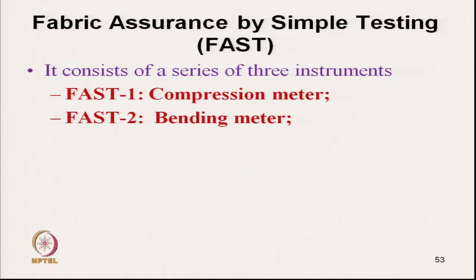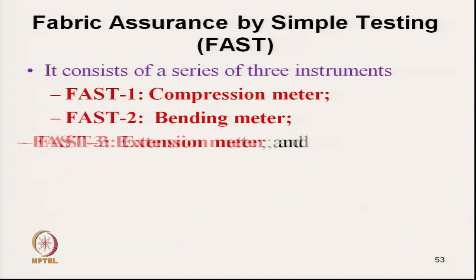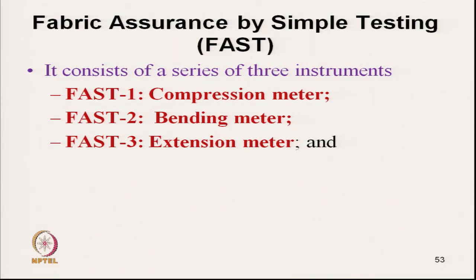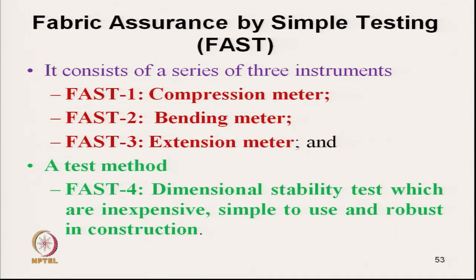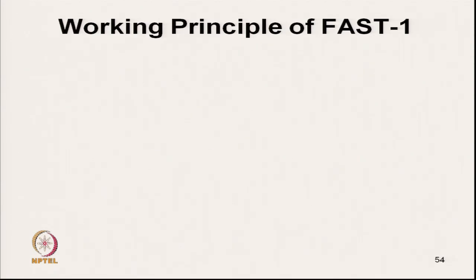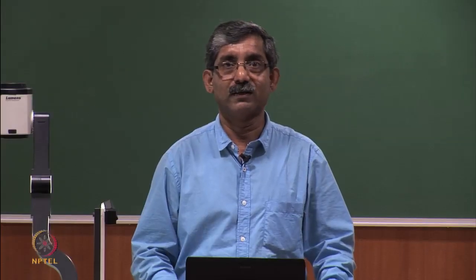FAST 1 is the compression meter, FAST 2 is the bending meter, which is similar to the Shirley stiffness tester, and FAST 3 is the extension meter. These are the 3 instruments. In addition, there is one test method, FAST 4, a dimensional stability tester. So, we will start with FAST 1.